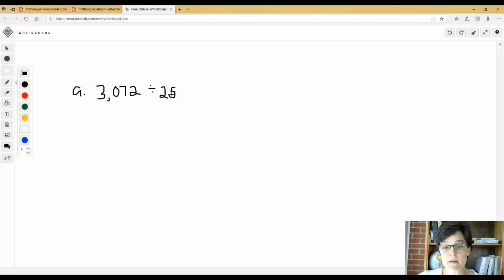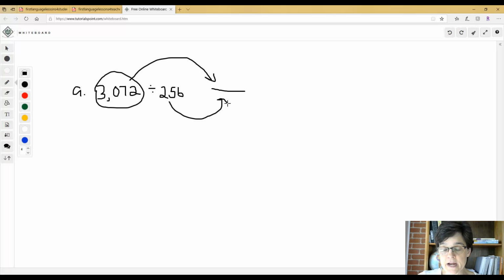Remember what divided by means in fraction form. It's the fraction bar. So this number goes here on top, divided by this number here. So it'd be 3,072 over 256. That's rewriting that as a fraction.